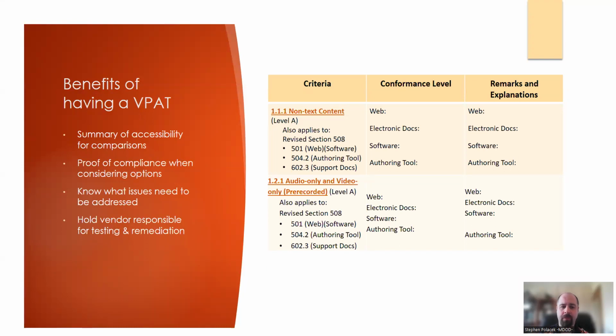The other nice thing about it is that if it has been filled out correctly and accurately, it gives you an idea of what issues need to be addressed. Every guideline in the document has a remarks and explanation section where the person who is doing the testing can write in any issues that were found or where issues are located, so that you can again prioritize: is this something that we can fix easily?